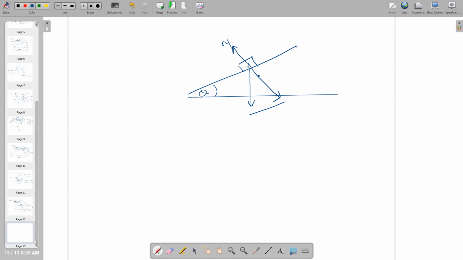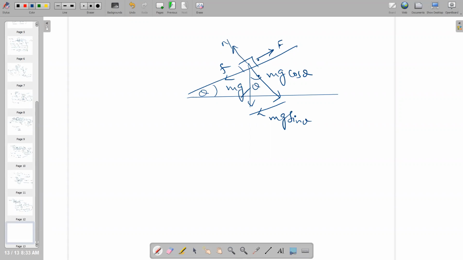If this is mg, then this is mg sin theta, this is theta, this is mg cos theta. If the force is applying upward, the frictional force will be opposite to the applied force.